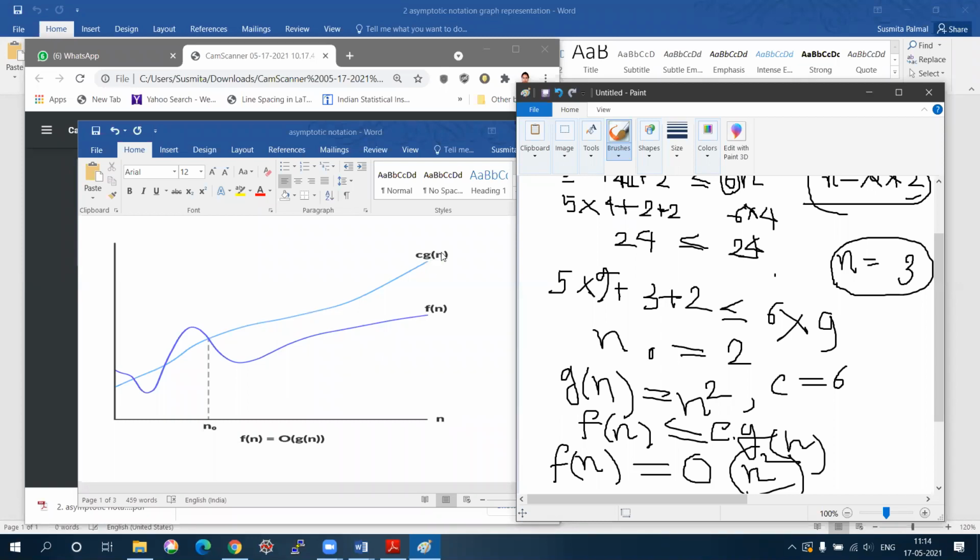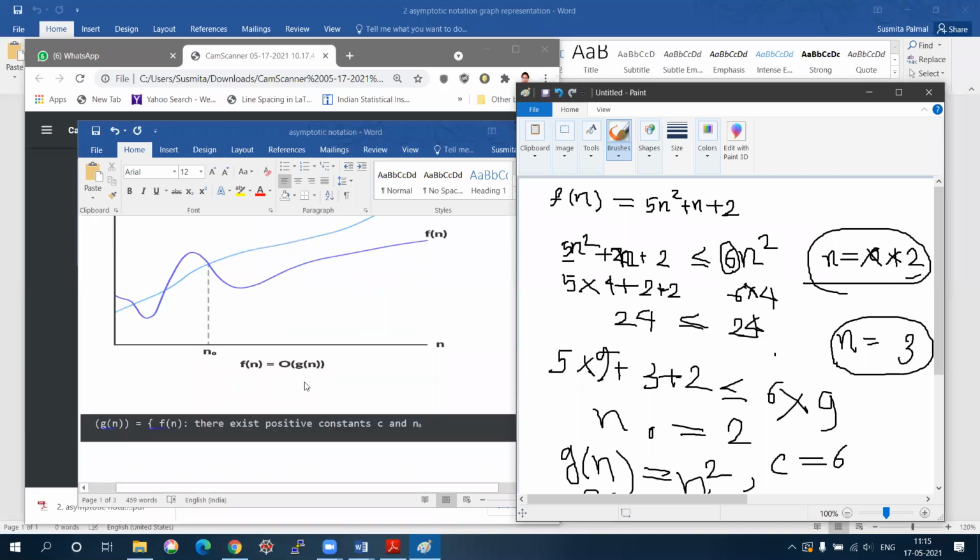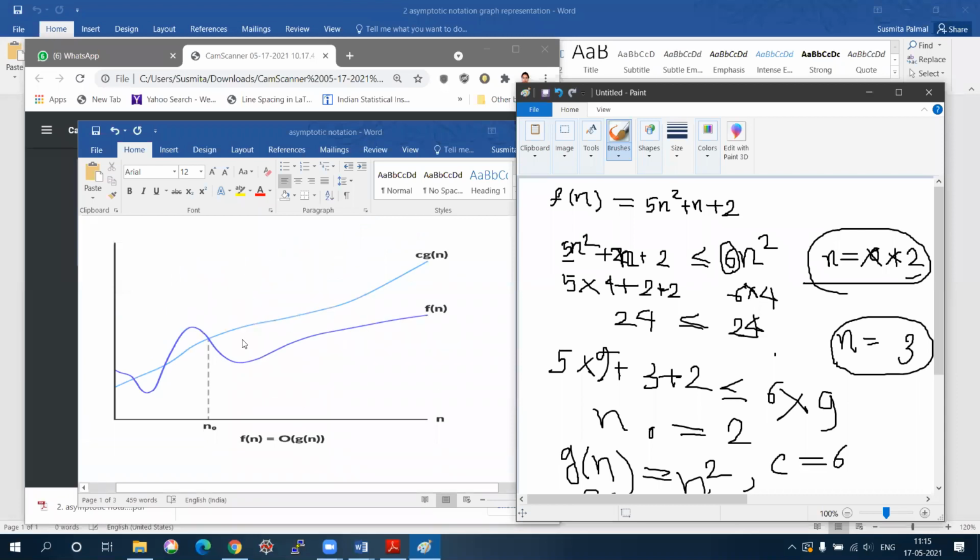So f(n), which is 5n square plus n plus 2, is always less than 6n square after the value n0 equals 2. After this, you can see c g(n) always dominating f(n) as the value of n increases. If that is so, then we can represent the time complexity as f(n) equals order of g(n). So this is the meaning of this diagram.